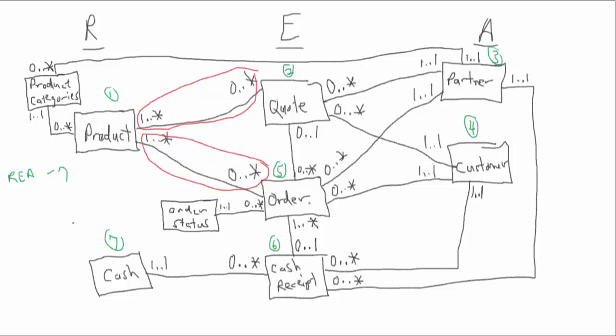Now, we also have type classes, so we'll do those in blue. So we have one type class here. We have a second type class there. So we have 2 type classes.